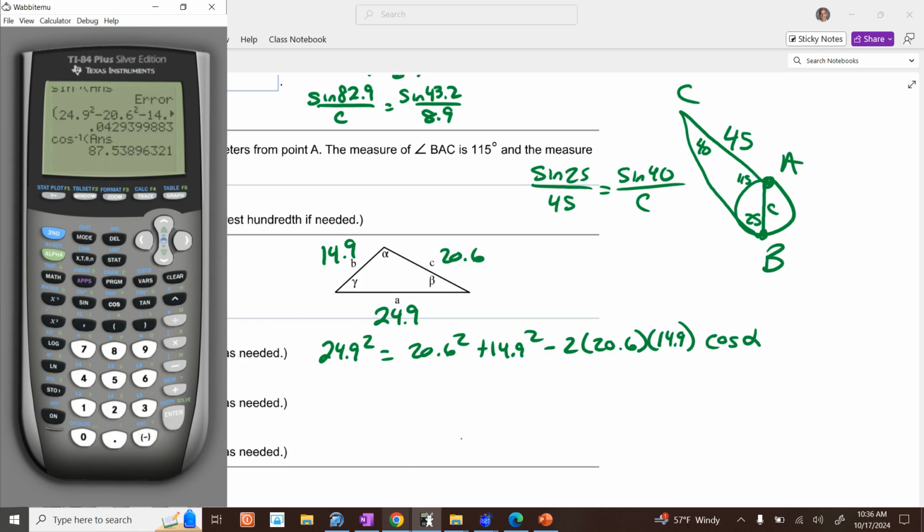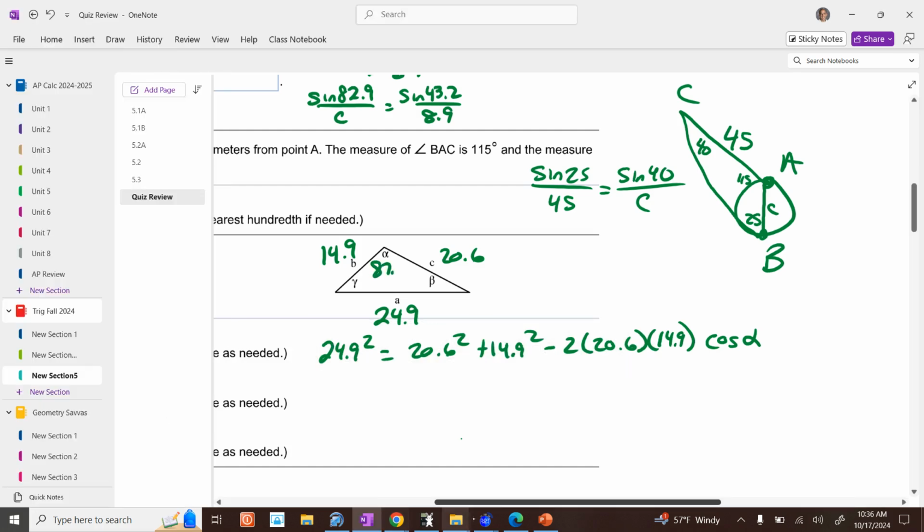So if you take the inverse cosine of whatever you get there, you get 87.5, I think. Yeah, 87.5.